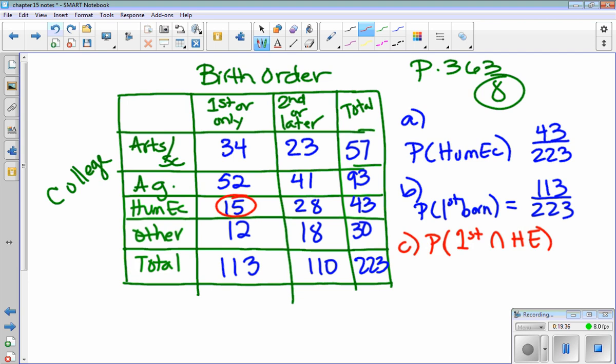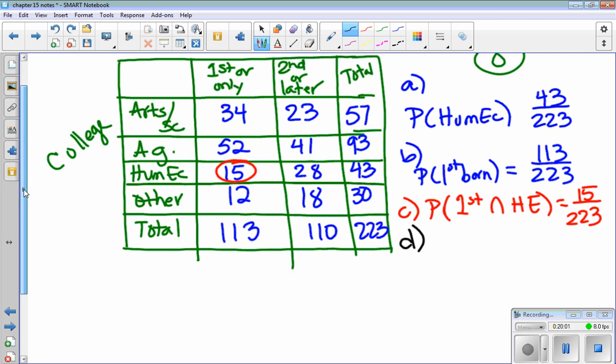Well, there's 15 of those. Would you agree? So it's just going to be 15 divided by 223. Remember this from before? I hope. Okay. All right, let me change colors here. We have D. Now this is the harder one. Okay. D says, what is the probability that the person is firstborn or a human ecology student?